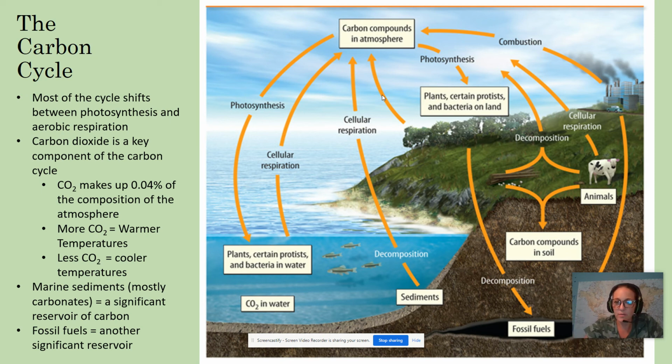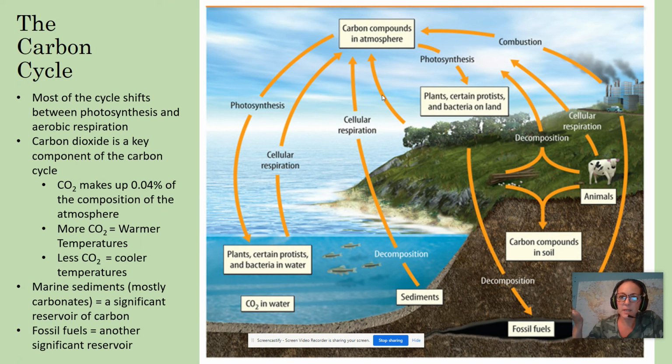We are also combusting large amounts of carbon, mostly through the burning of fossil fuels, again adding large amounts of CO2 into the atmosphere. We know that CO2 is a greenhouse gas that increases global climate change. If we change our planet, right, we're changing the abiotic components of our planet, it's definitely going to have an impact on the biotic component.